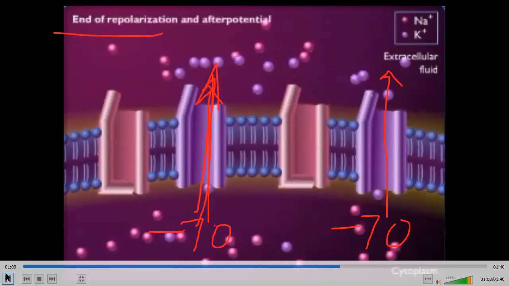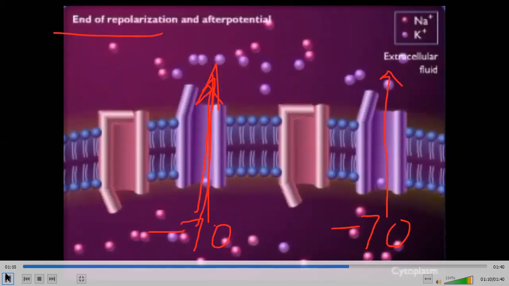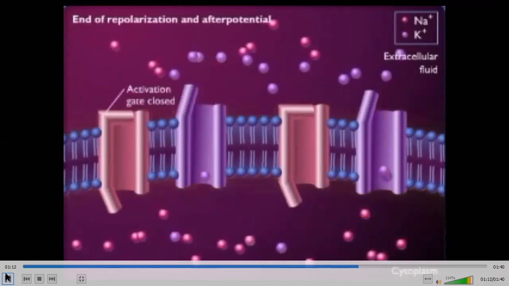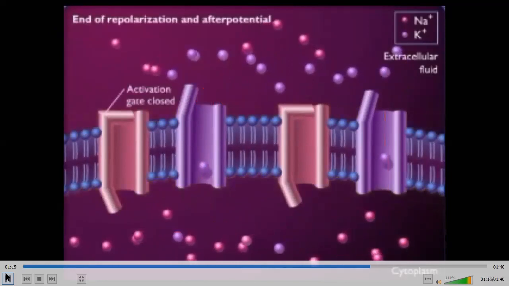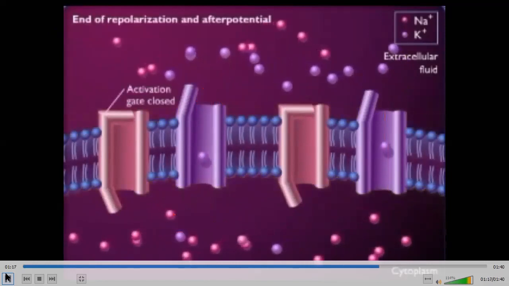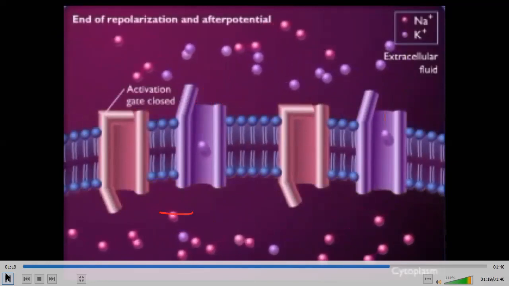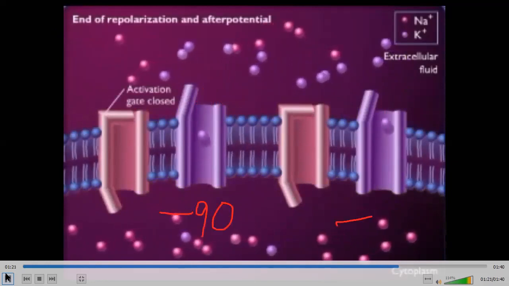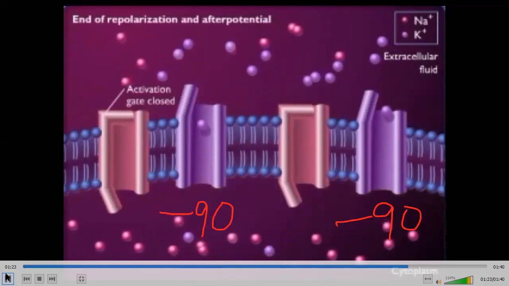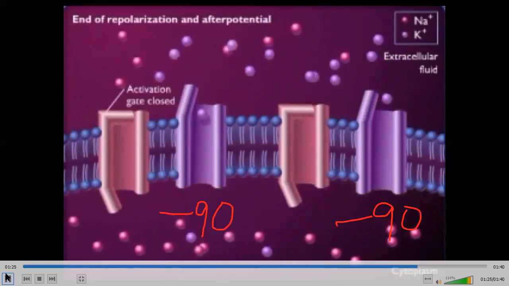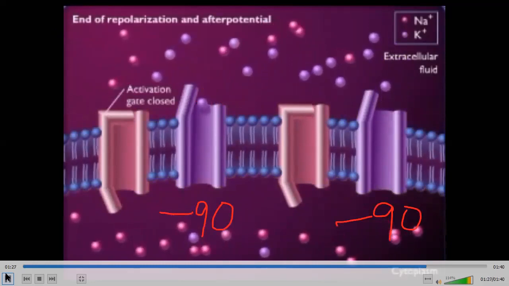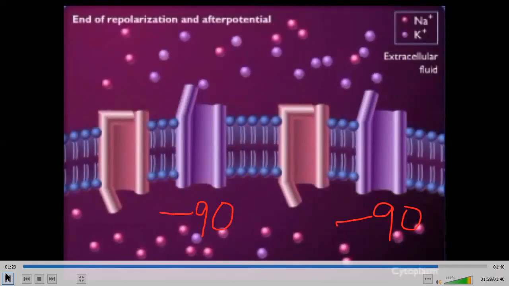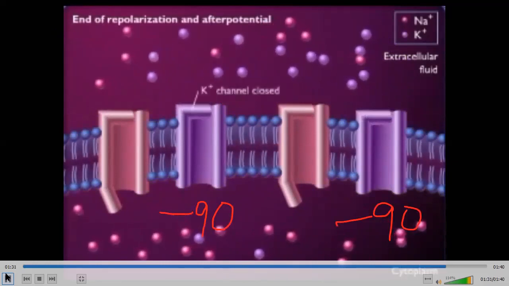But after reaching minus 70, what is happening? Still the potassium ions are going out. That's why the voltage will decrease a little more, which we call hyperpolarization. Still potassium ions are going, so still hyperpolarization.